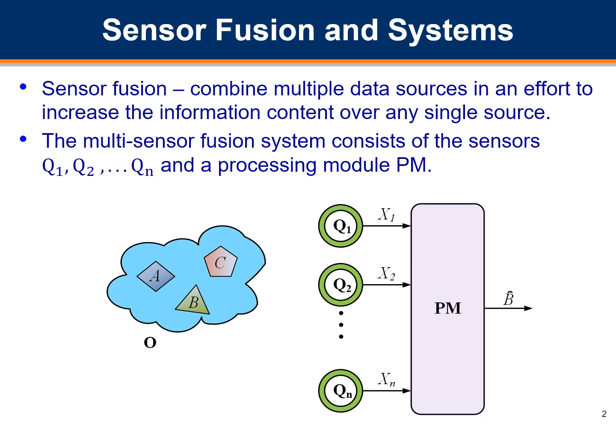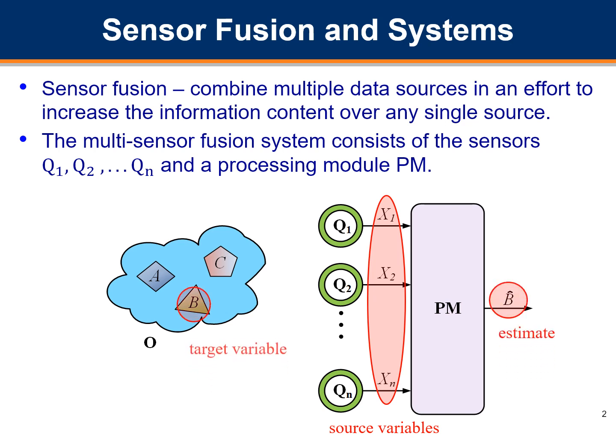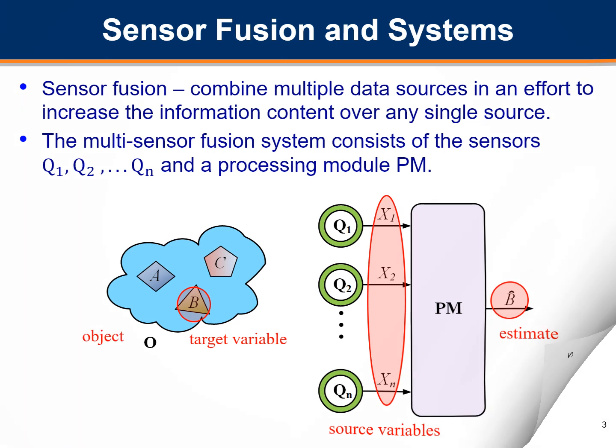It consists of the sensors Q sub 1 to Q sub n, where n is greater than or equal to 2, and a processing module PM implementing the process of combining the observations x sub 1 to x sub n, called source variables or sources. In many cases, the result from the fusion, B hat, is an estimate or prediction of some variable B, the target variable, associated with the object under observation O.